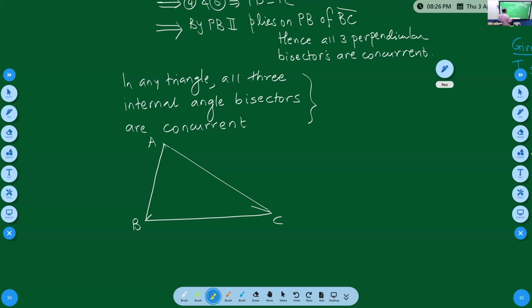Strategy is to draw two angle bisectors, get the point of intersection, and show that that point of intersection lies on the third.